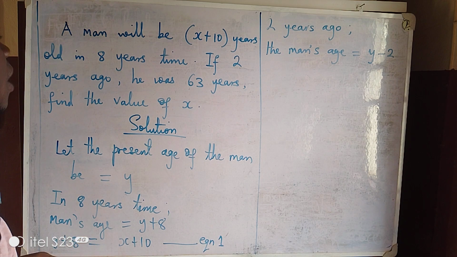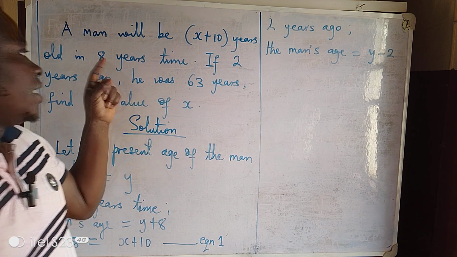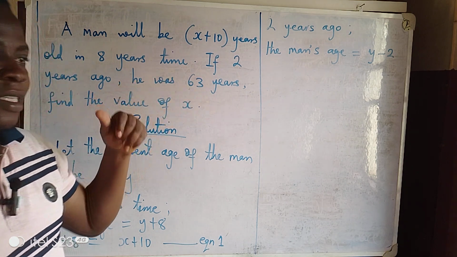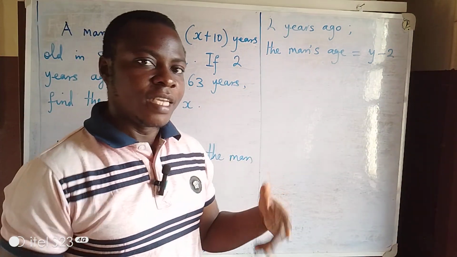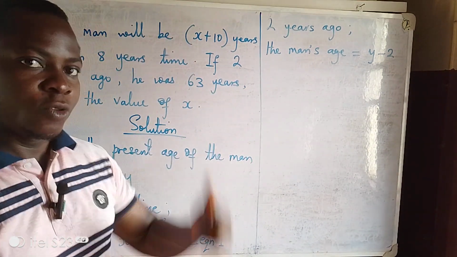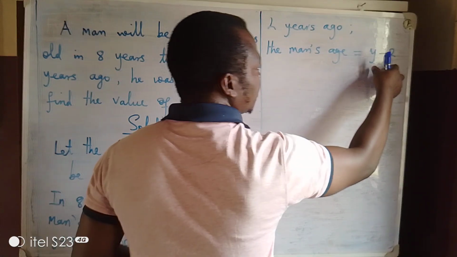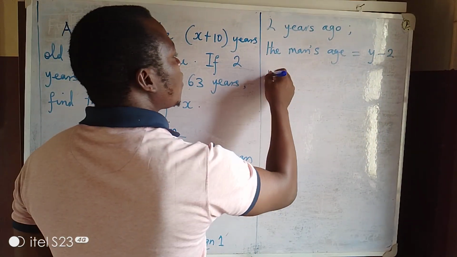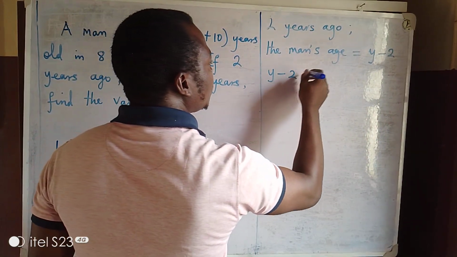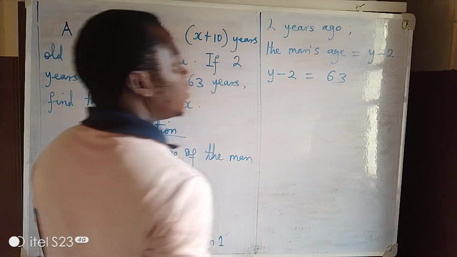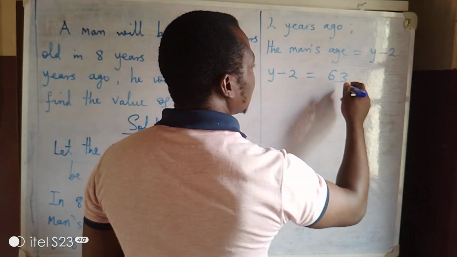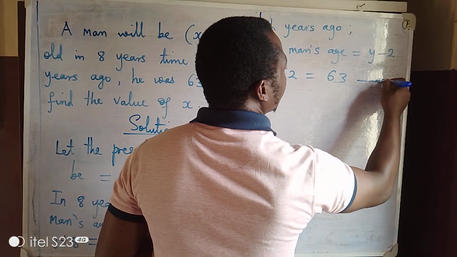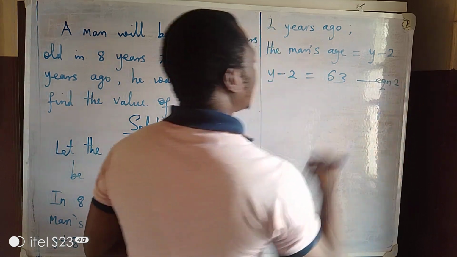They gave us his age as being 63 years 2 years ago. So we say y minus 2 equals 63. This will give us another equation, equation 2.